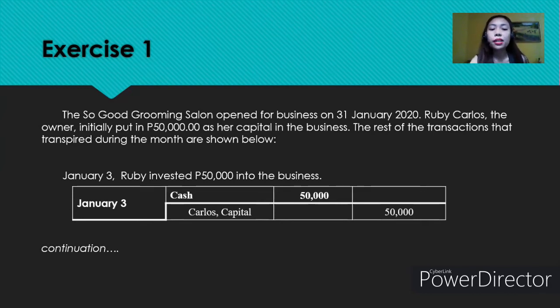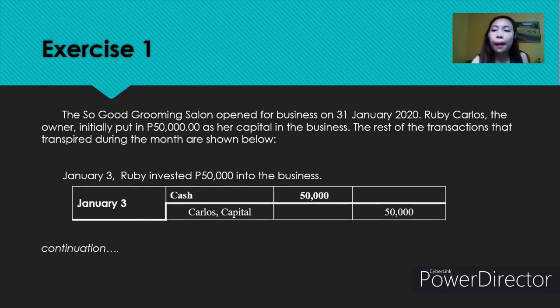Since cash is going to increase because of the investment, you're going to record it in the debit corner, worth 50,000.